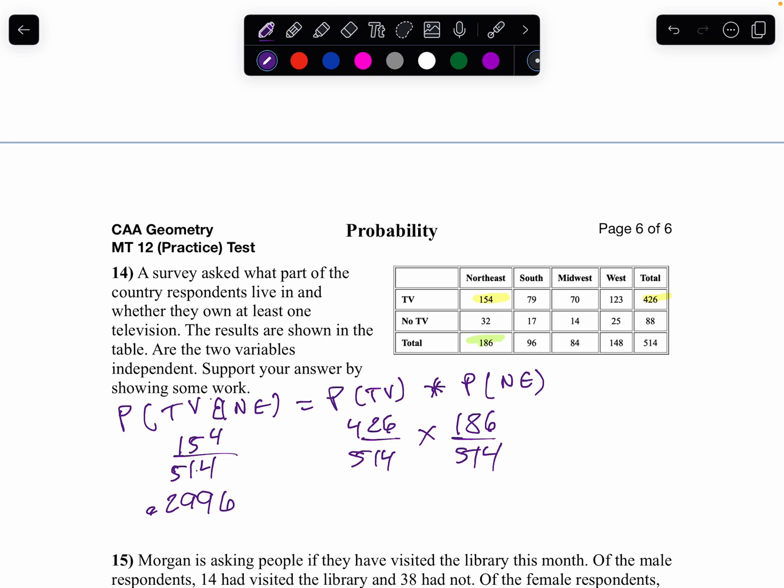And I think I'm going to just use my handheld calculator here instead of going back and forth. So if I take 426 out of 514 times 186 out of 514, I get 0.2999, don't I? I think that's pretty darn close. So I'm going to say they're independent.